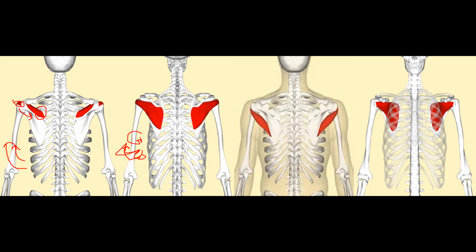And again, if we can visualize why this happens, this is because the attachment point here on the greater tubercle, similar to the supraspinatus, and the medial connection right here, which is the infraspinous fossa, is constricting and getting closer to this attachment point right here. So because of that, lateral rotation is due to the constriction of the infraspinatus muscle.